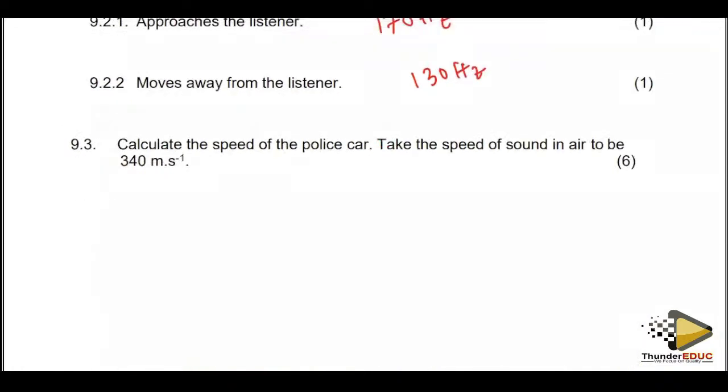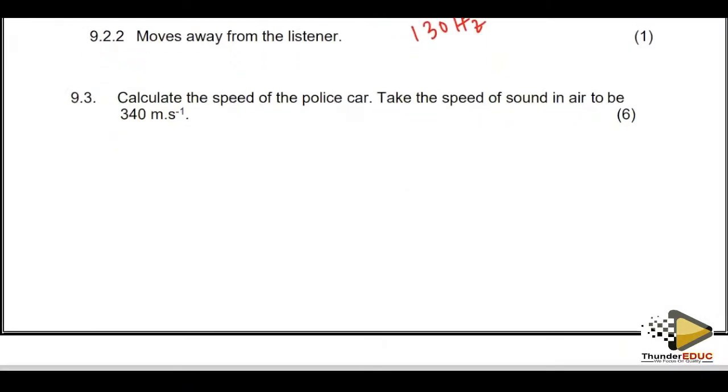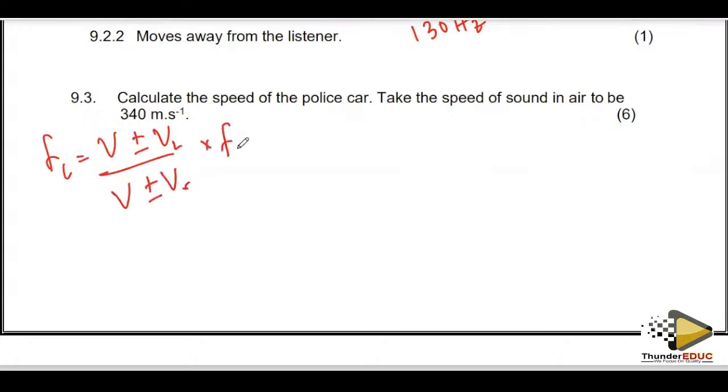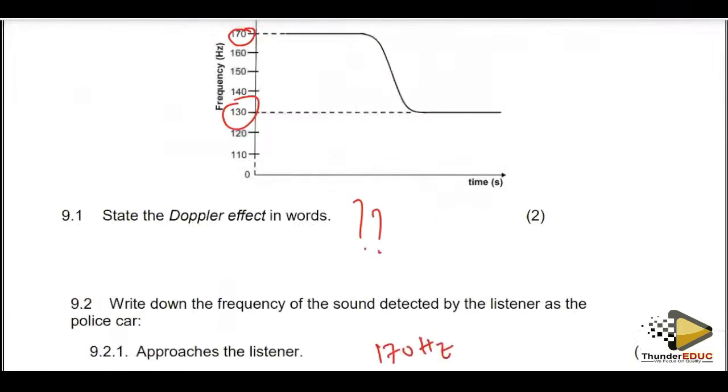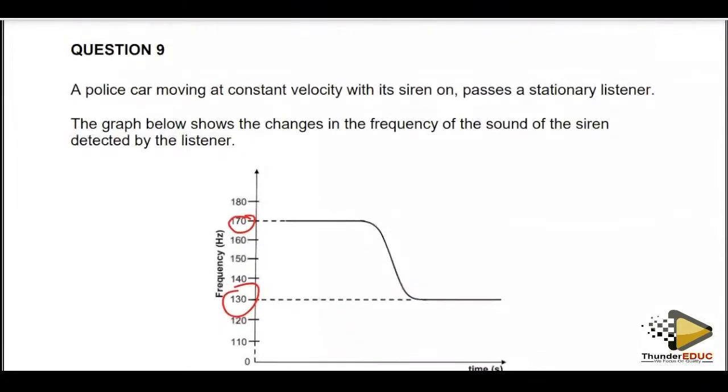And then they want us to calculate the speed of the car. So we know that fL is (v plus minus vL) over (v plus minus vS) times fS. We want the speed of the car, which is the source. In the scenario, a police car is moving at a constant velocity and passes a stationary listener.